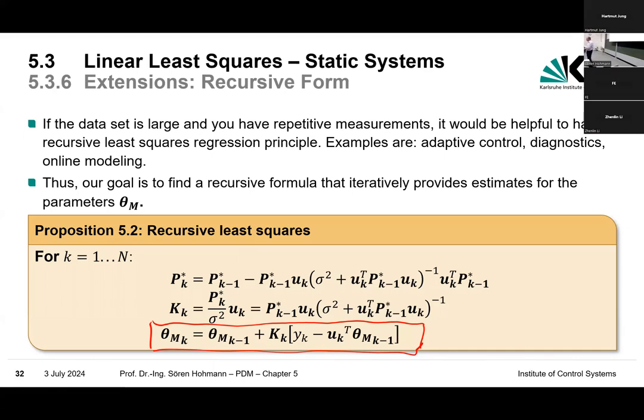If you were asked to decide whether I should include information about a deviation between my new measurement, my new information, and my prediction of my model, when would you like to include this information very much? Under which conditions would you say, no, it's not a good idea to include it?